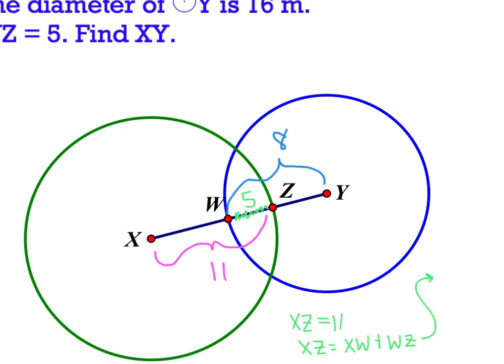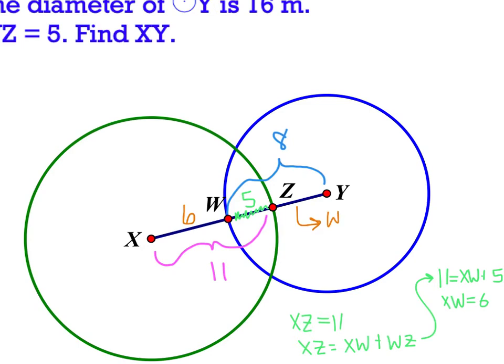Okay, so I'm going to fill in numbers. I know XZ is 11 equals, I don't know XW, that's my unknown, plus I know WZ is 5. So if I subtract 11 minus 5, I'm going to get what XW equals, and that is 6. Okay, so I know this little segment here is 6. Same goes here for ZY.